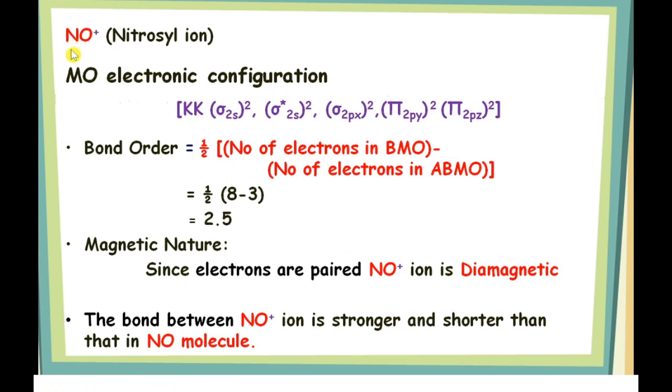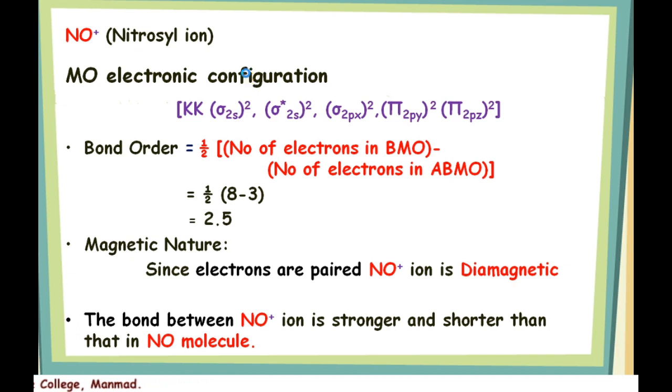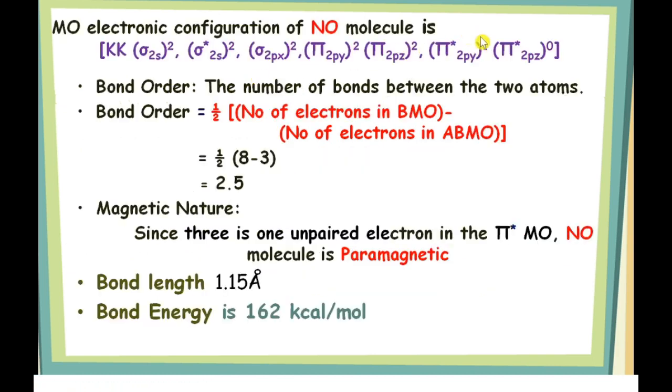Next molecule is formation of nitrosyl ion. So nitrosyl ion is formed when we remove one electron from nitric oxide. Nitric oxide possesses total 15 electrons, and if we remove one electron from nitric oxide, we get 14 electrons. So molecular orbital electronic configuration for nitrosyl ion can be written by just removing the last electron from the pi star 2py.